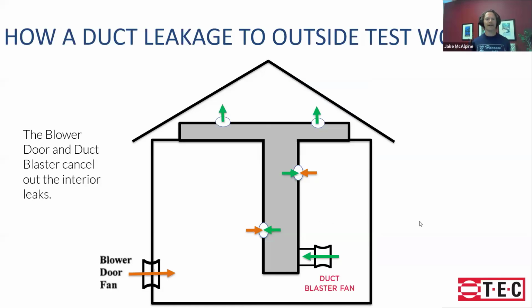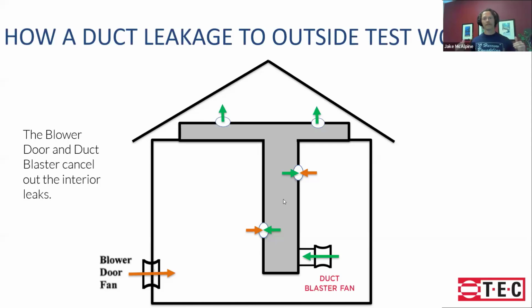So I actually really like this test. It's a cool test. At a high level, your blower door is set to 25 pascals, and it's going to push into the house. It's these yellow arrows here, and it's going to be pushing in the leaks of the ductwork. It's going to create a pressure. You're going to take your duct blaster fan, and you're going to turn that duct blaster up until you bring that pressure in the duct with reference to the house back to zero.